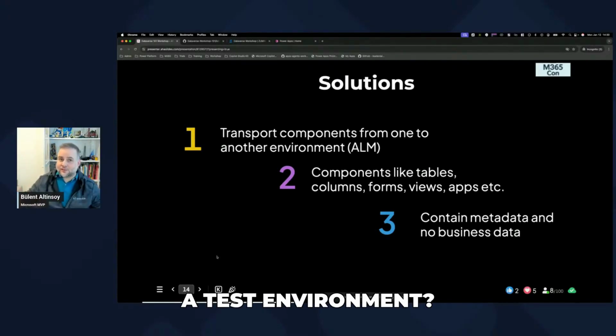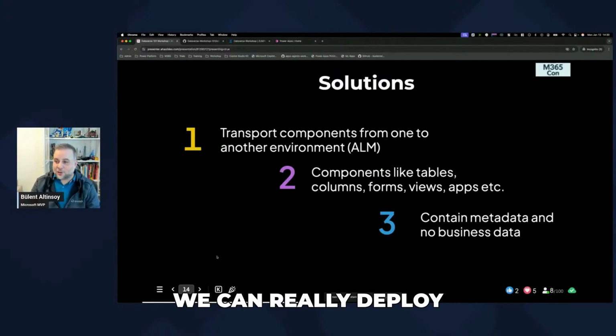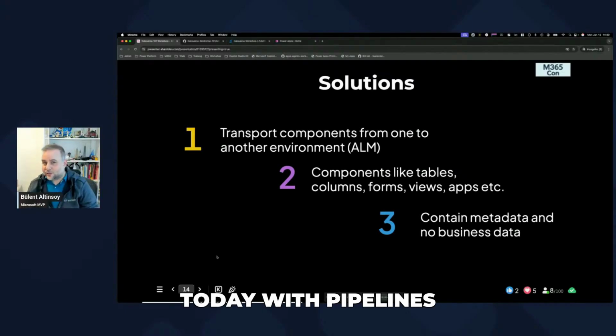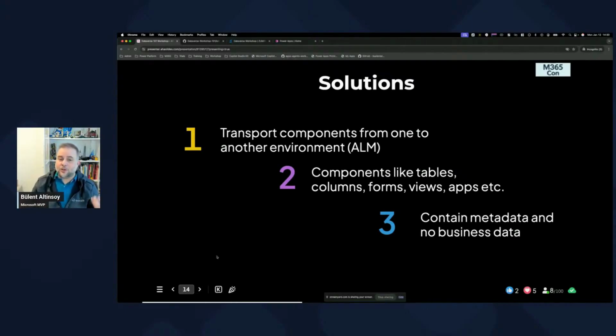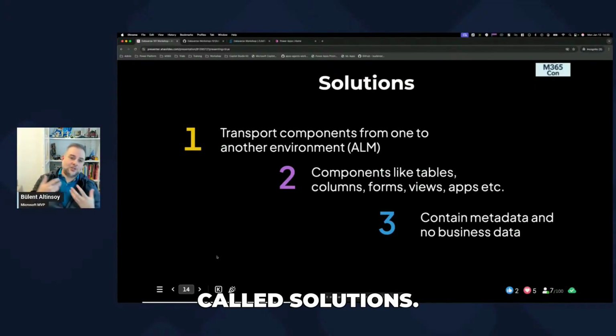Why do we have a test environment? Because before we go into production, someone from the client side has to give a thumbs up and say, yes, now it's good, now we can deploy this to production. That kind of deployment mostly happens automatically today with pipelines in Power Platform. But before we come to this, we need a technology to transport the components we're developing, and that's what are called solutions.